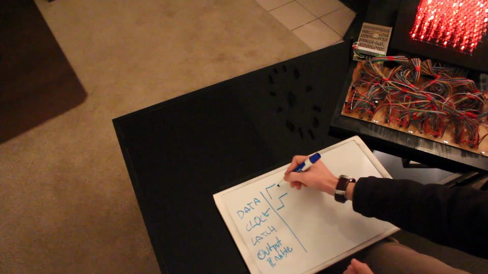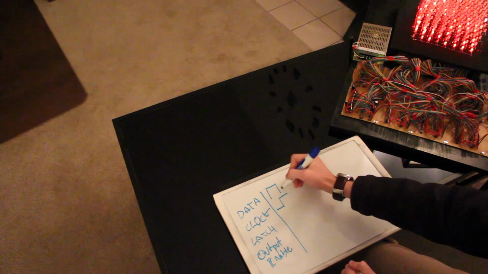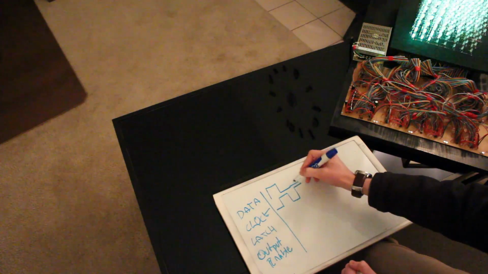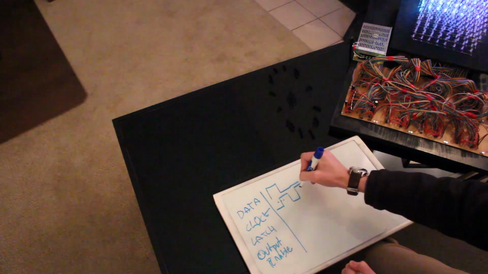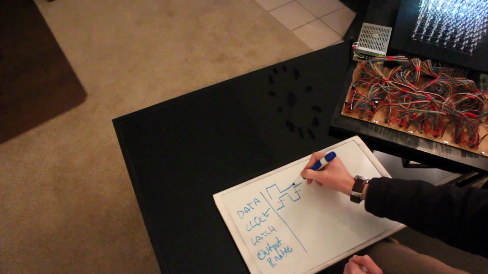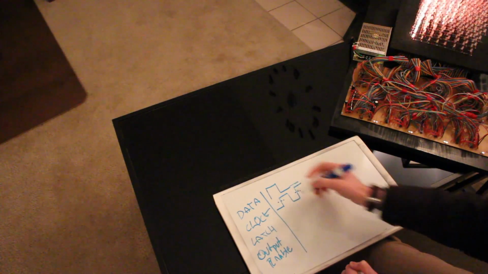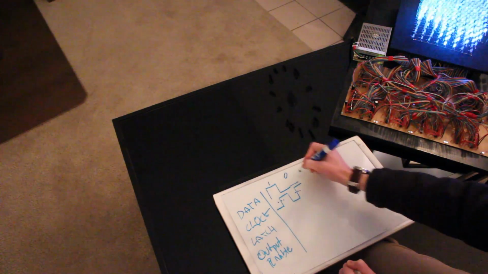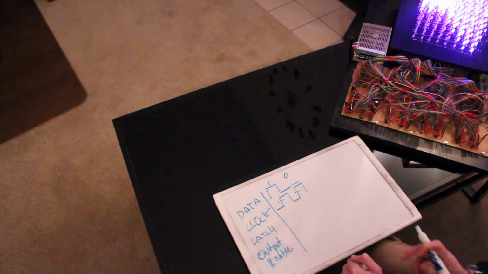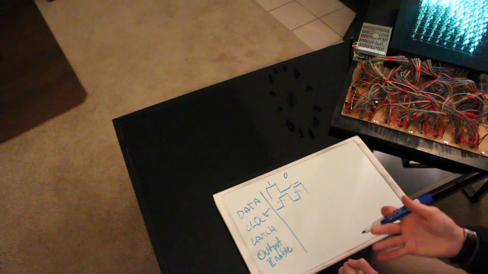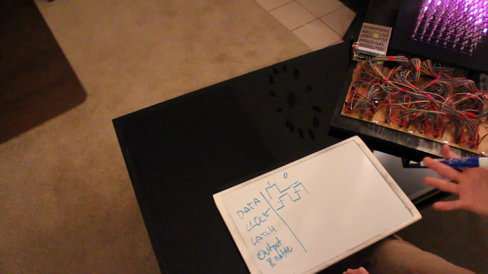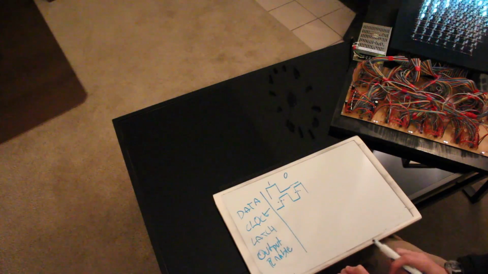Okay, and you keep going, and then if you bring your data pin low on the next clock signal, so you're checking it right here on the rise of the clock signal, you're clocking this data in, then your next value would be a 0. So you just keep clocking it in. I think you can set this up in the SPI library, and that's what I'm using, this serial peripheral interface, to clock this data in.